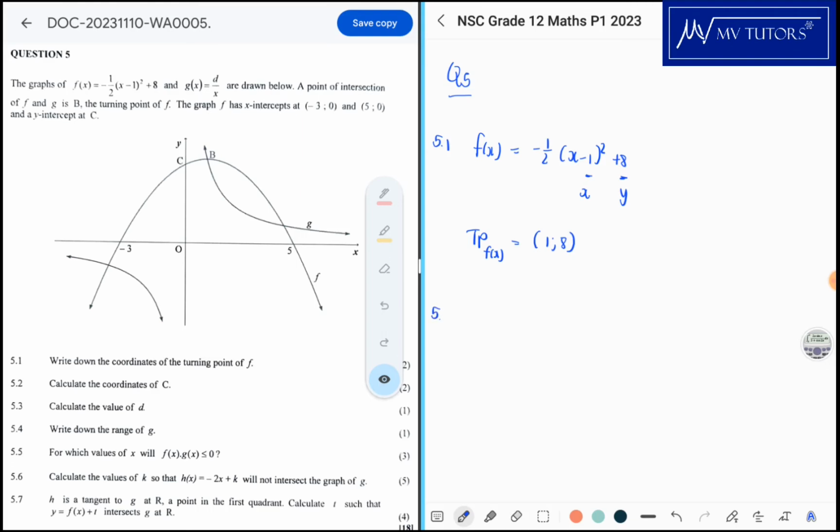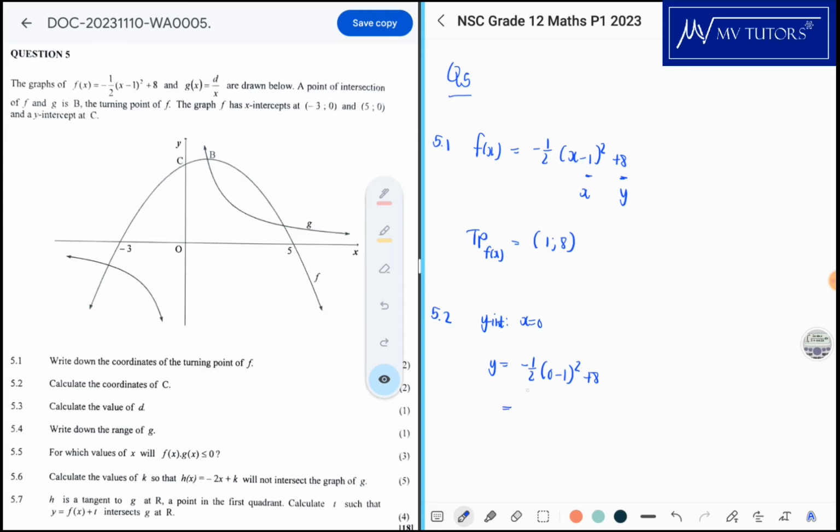Now 5.2, it says calculate the coordinates of c, and we know that c is basically the y-intercept of f. So let's go ahead and calculate the y-intercept, where we know that x is equal to 0. So we take our equation, I'm just going to use y instead of f of x. And where we have x, I'm just going to put a 0.